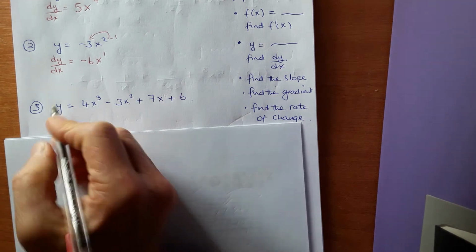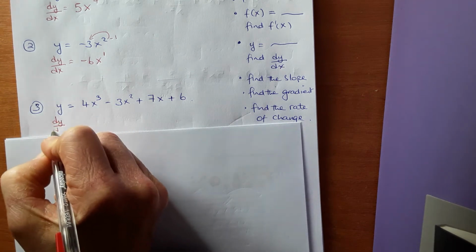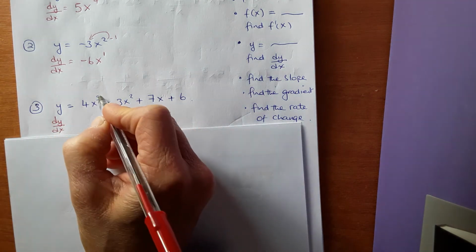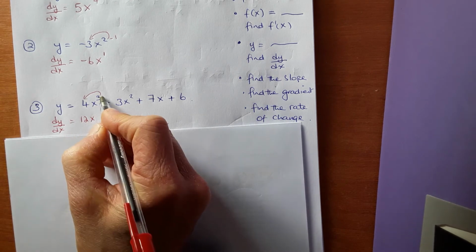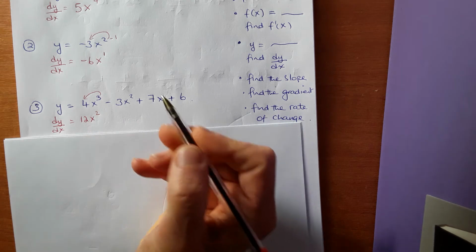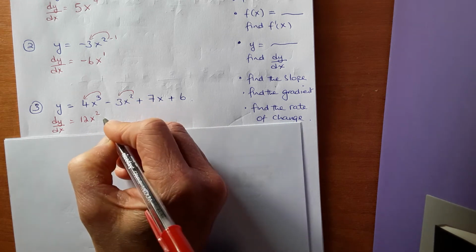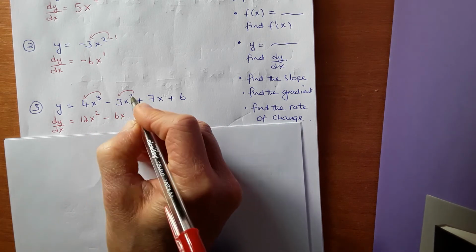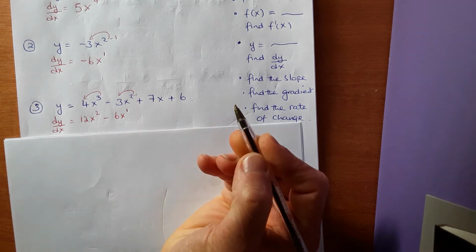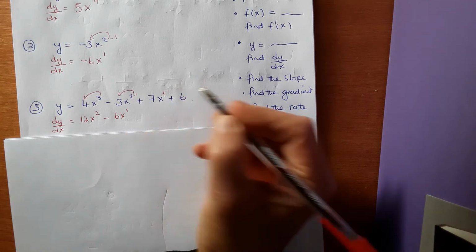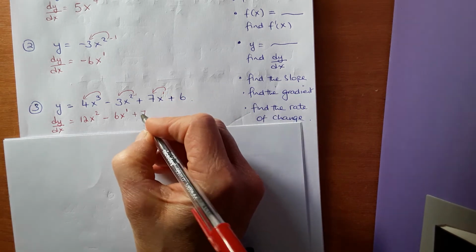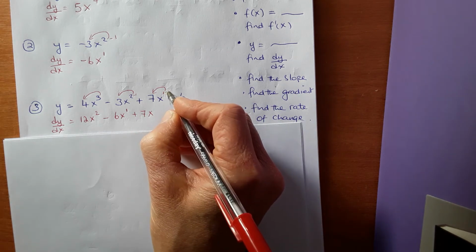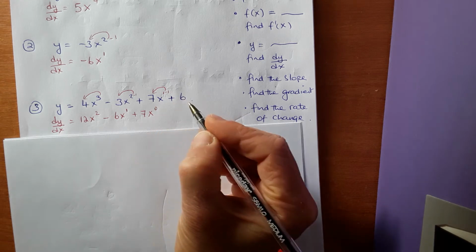Moving along, look at these ones here. If you're asked to find dy dx, again, bring down your power. So that's 12x. Reduce the power by 1, so it becomes 2. Bring down your power, minus 6x. Reduce the power by 1, it becomes 1. Now this is 7x to the power 1. So bring down your power, 7 ones are 7, x to the power of, reduce the power by 1, 0.